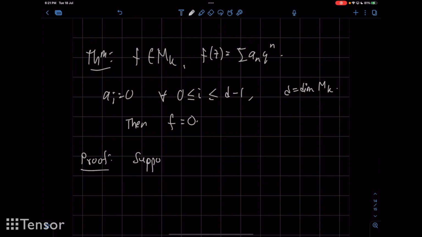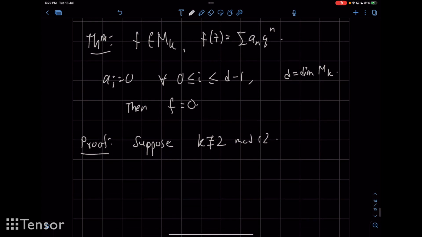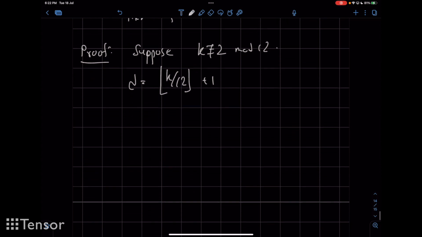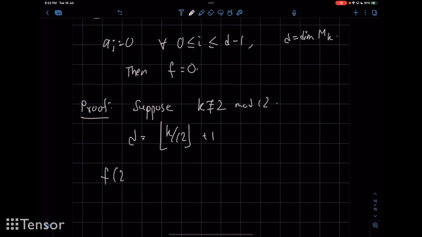Suppose, well, we have two cases, right? Like for the dimension, we have two cases, that k is 2 mod 12 and k is not 2 mod 12. So let's do the easier one. So suppose k is not 2 mod 12. Then what is d? d is k over 12 plus 1, right? So yeah, and we have that from 0 to d minus 1, all the coefficients are 0. So that means f of z, which is actually f tilde of q, right?